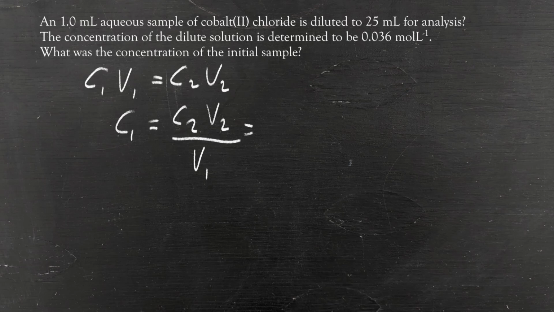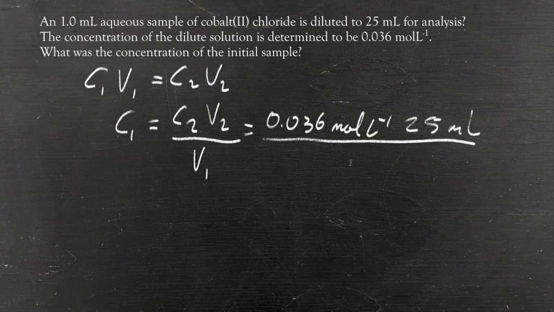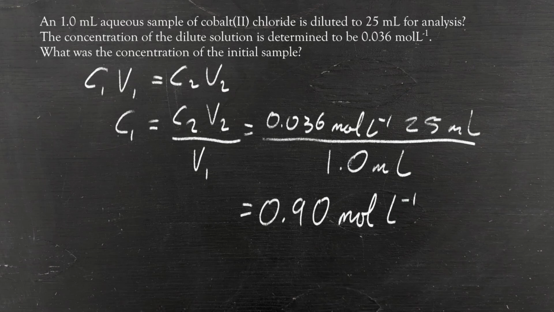Final concentration, 0.036 moles per liter. Final volume, 25 milliliters. Initial volume, 1.0 milliliters. So the initial concentration must have been 0.90 moles per liter.